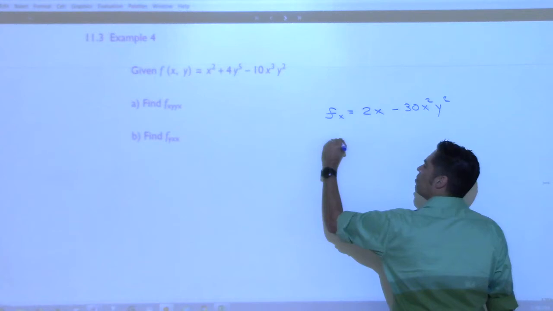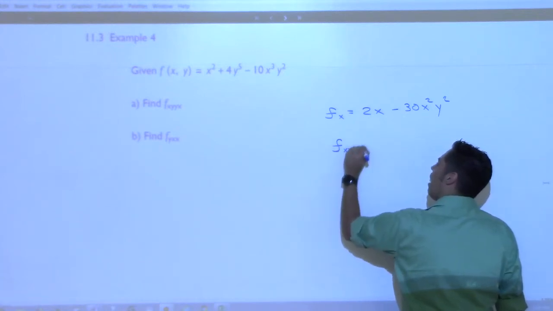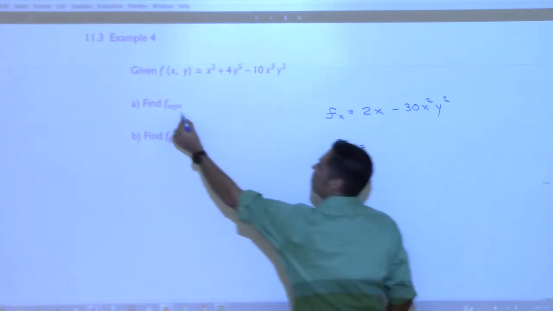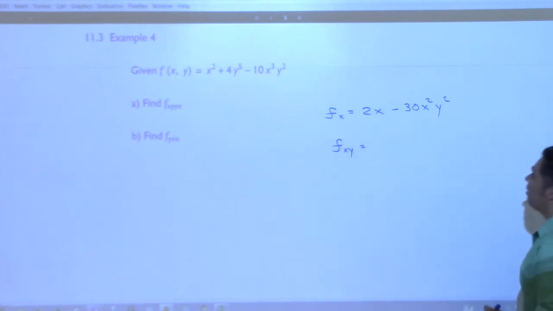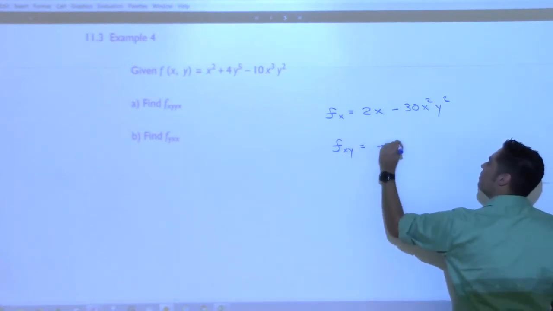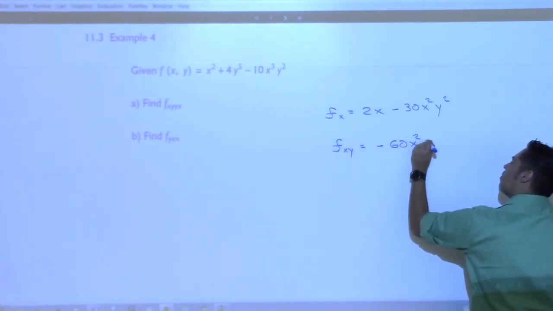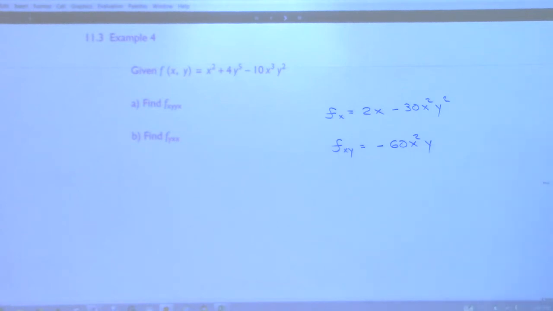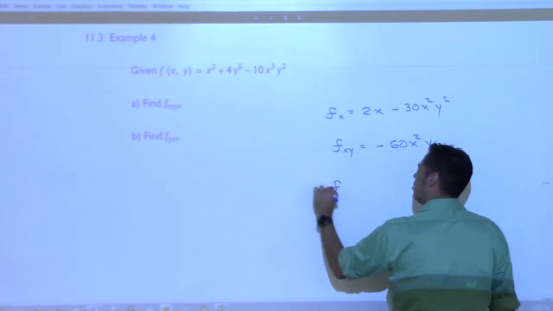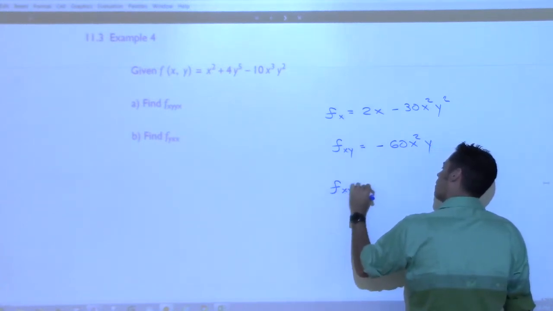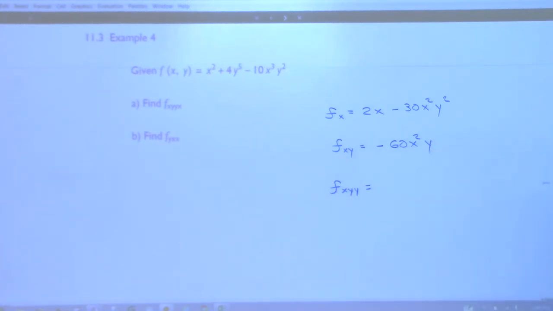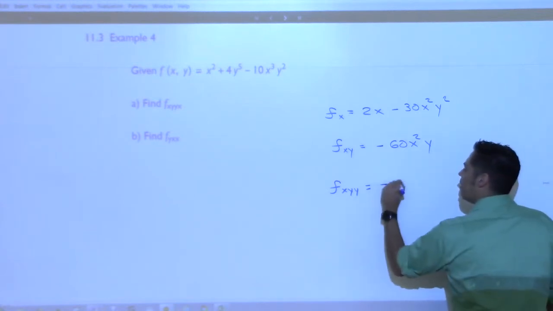Now, what about the partial with respect to x then y? So I'm doing this one, right? So we did that already, right? That was negative 60x squared y. And now let's do partial with respect to y of that again, which would be what? Negative 60x squared.